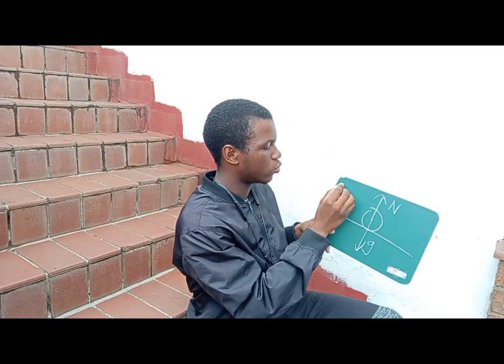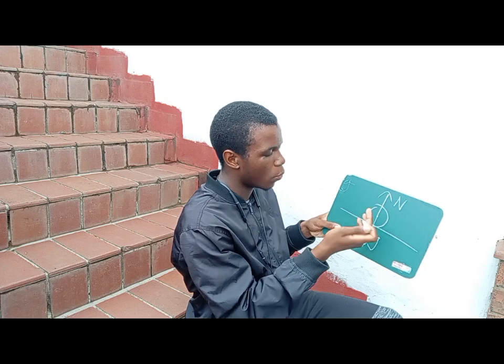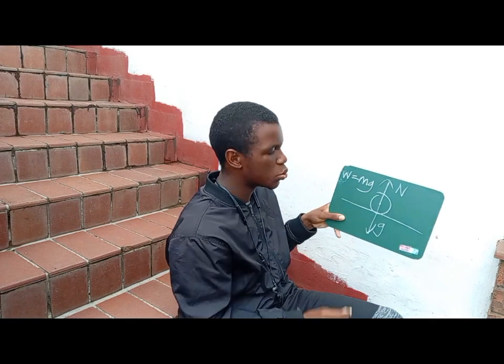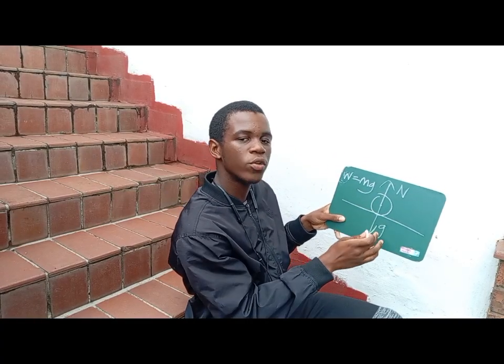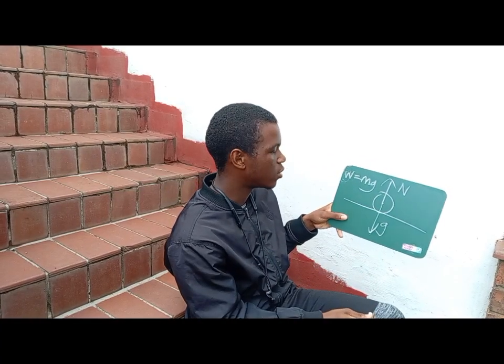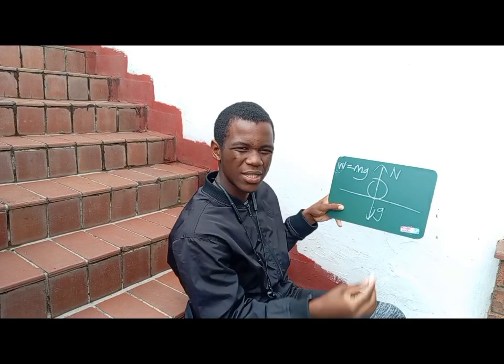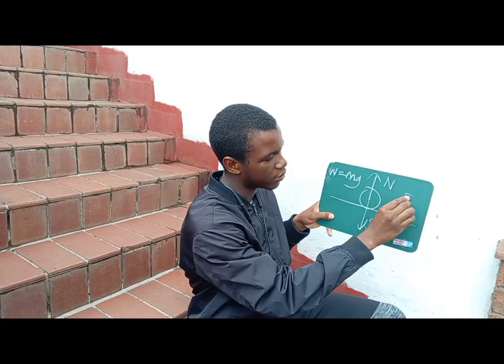So G is basically the weight. So the weight of the ball equals mg. That is how much gravitational force this ball is experiencing. Both of these things are the same thing, but what's important is the fabric.